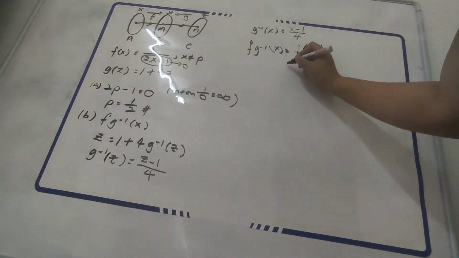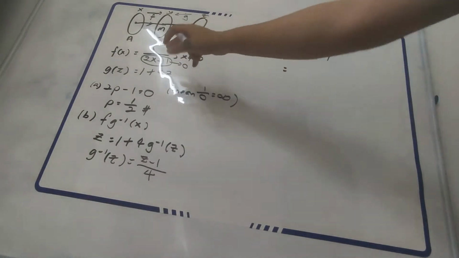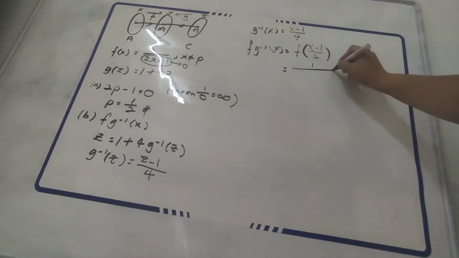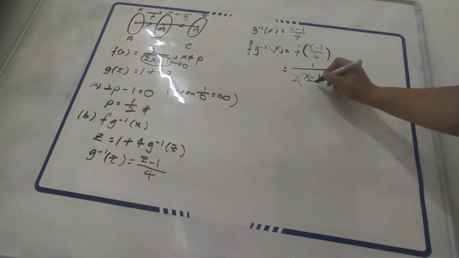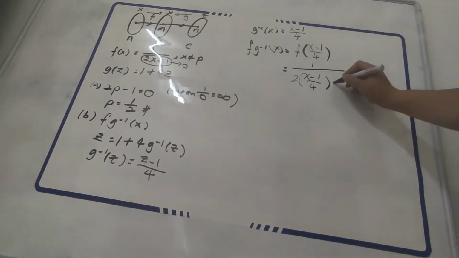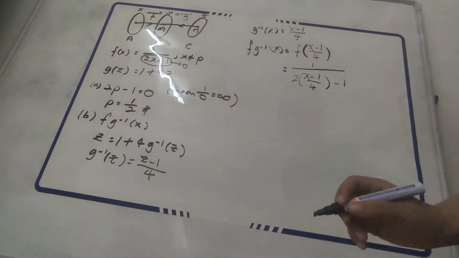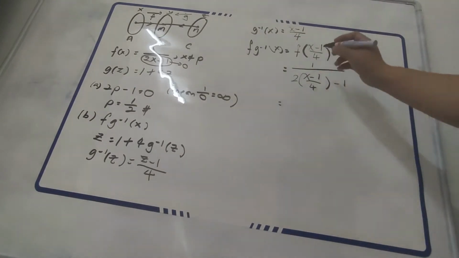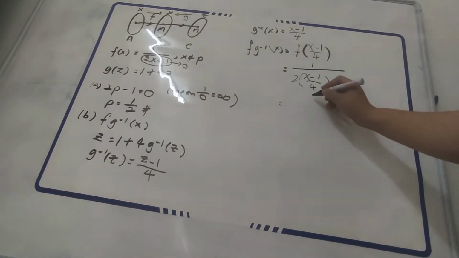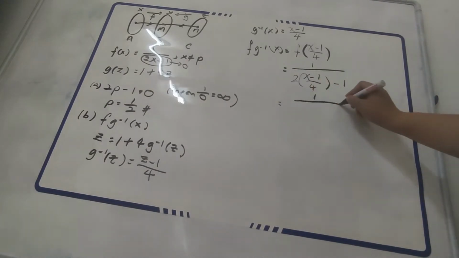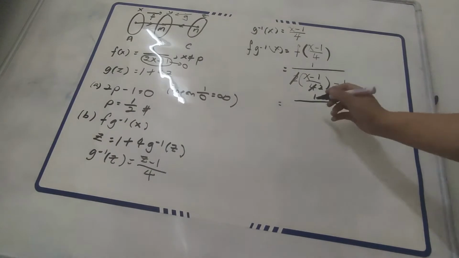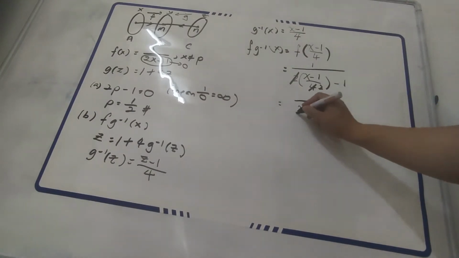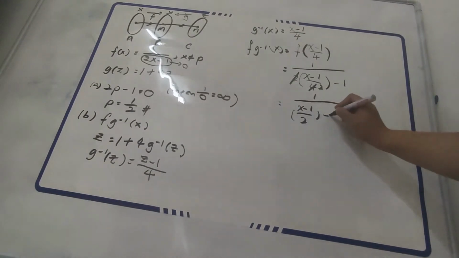So it also equals 1 divided by 2 times (x minus 1) over 4, minus 1. So also equals 1. This and this can simplify, so it becomes (x minus 1) divided by 2, minus 1.